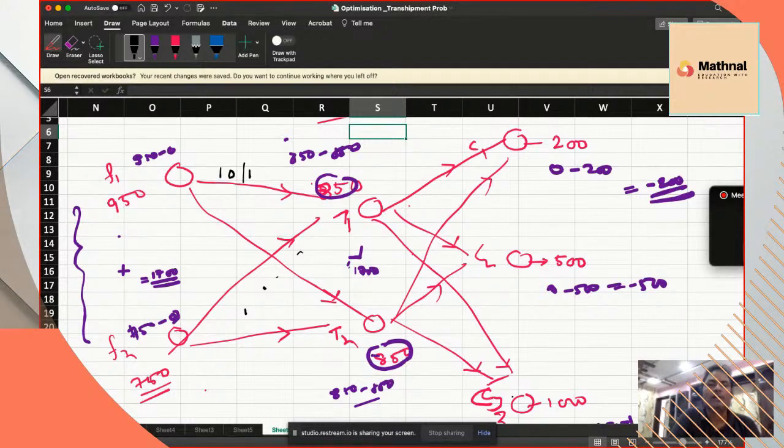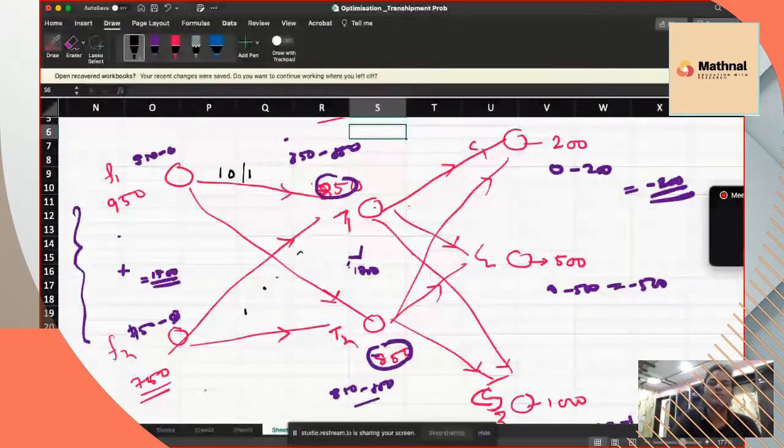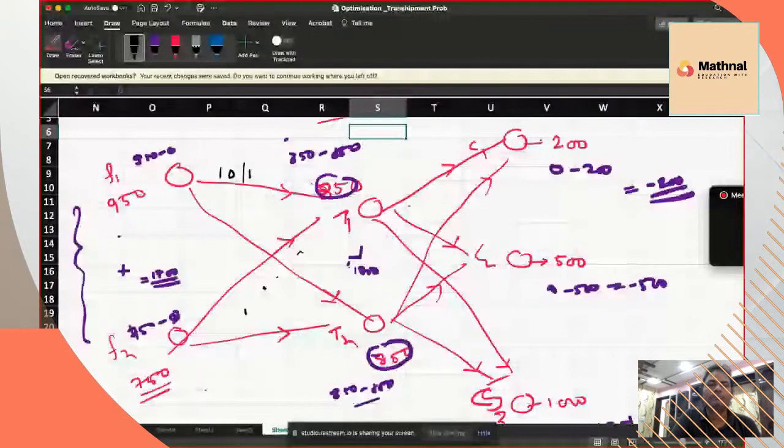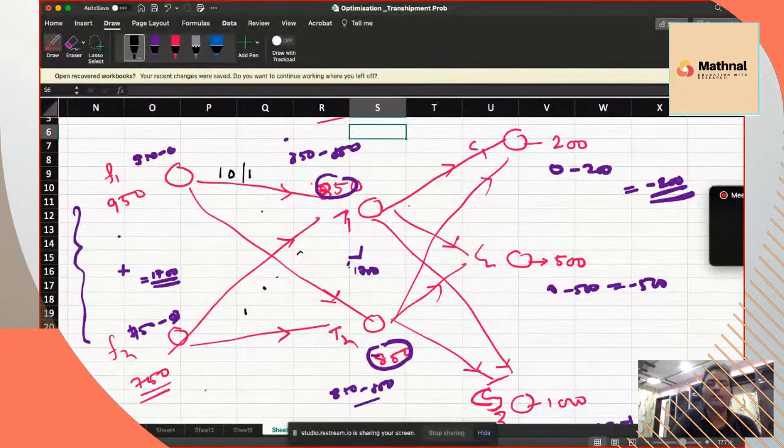T1 and T2, their job is to do the resupplying and repacking. They will receive the products from F1 and F2, and further forward them to C1 and C2. In this network, they are not stocking anything.